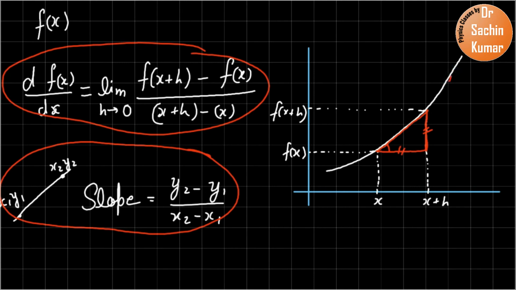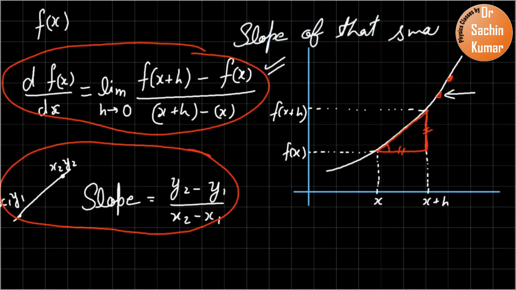If I take so small a triangle at any part of this curve, even much smaller than this one, this line is a straight line for that small region, and I can define this as the slope of that smallest part. So this is just a mathematical definition.